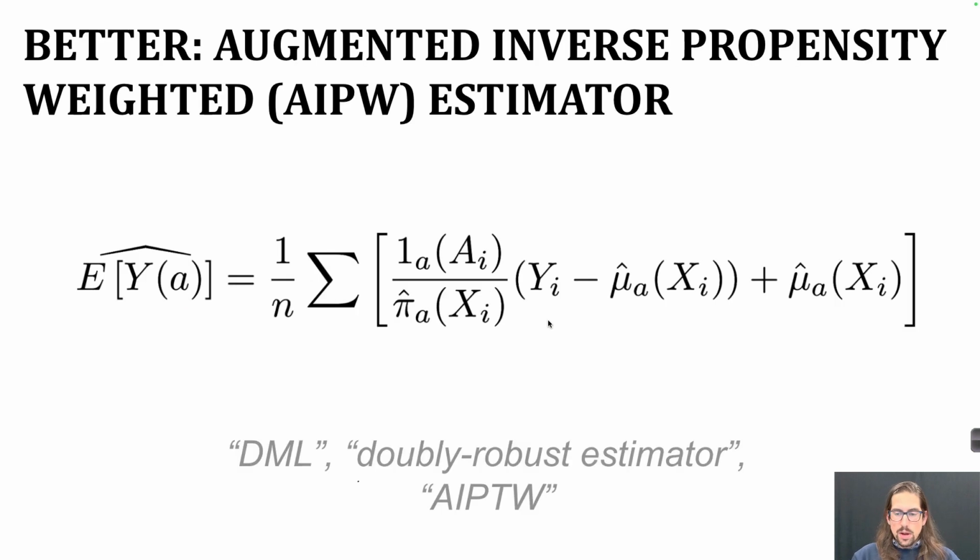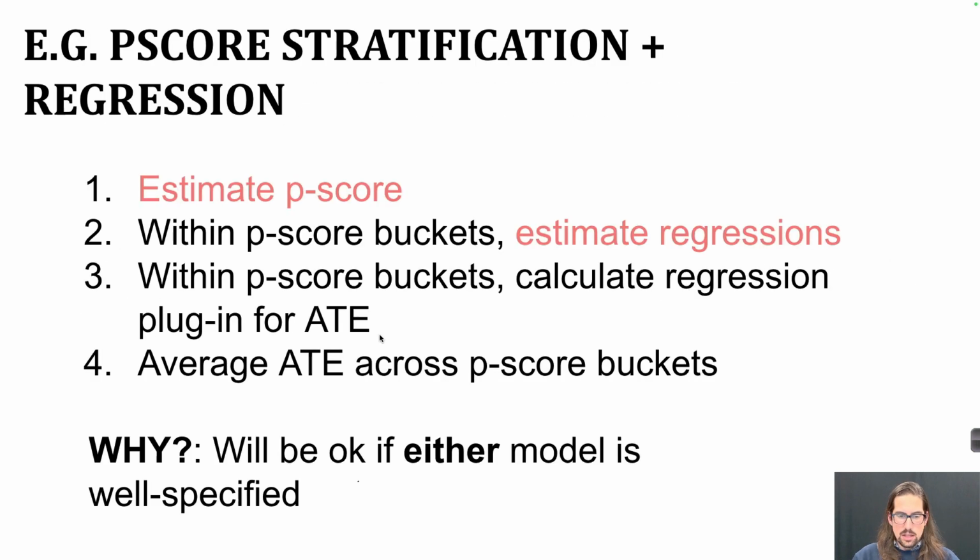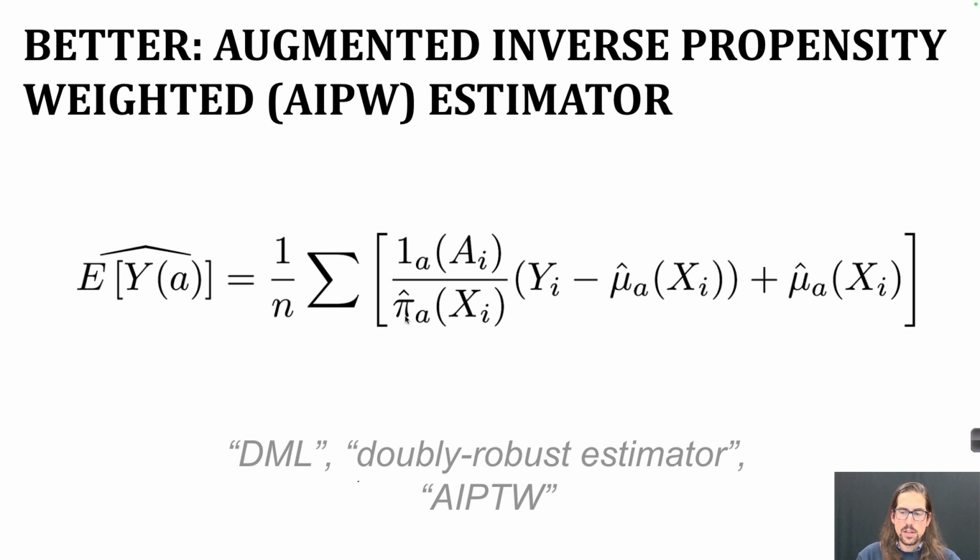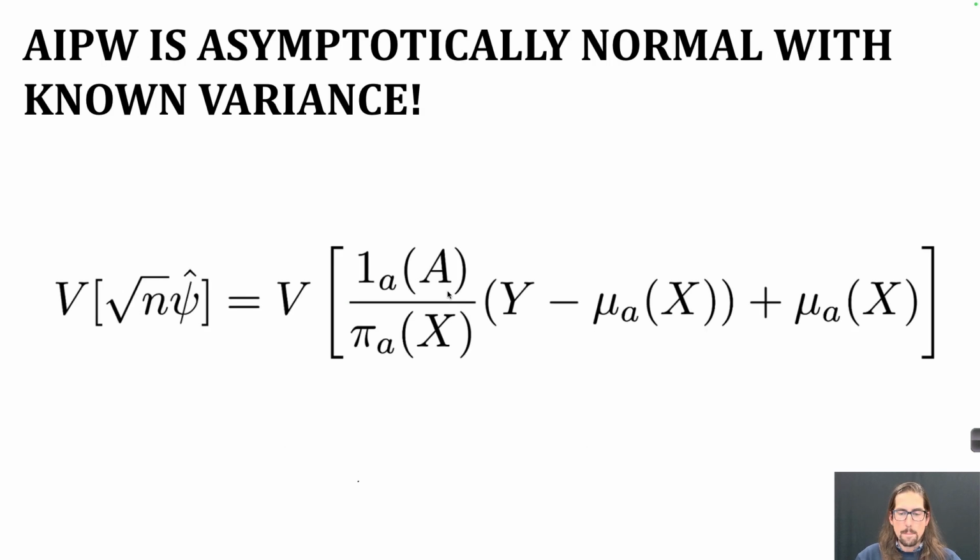The reason this is nicer than the plugin estimator is that it's well understood that you can get the standard error. And again, you can calculate this: you put in the plugin for the mu a's, get all the predictions, plug them into this, and take the empirical variance. This is like a mutate.